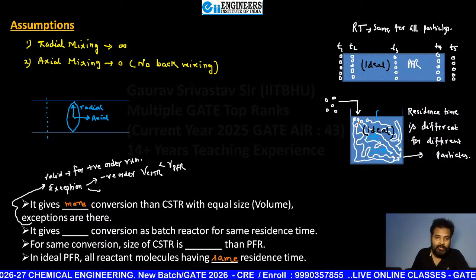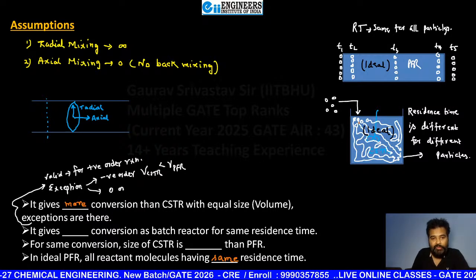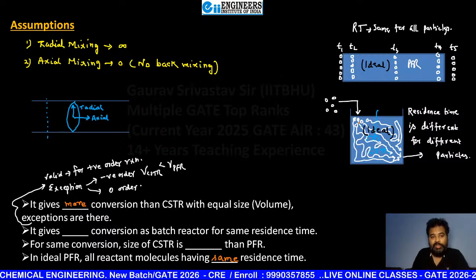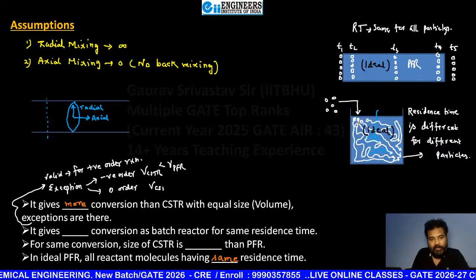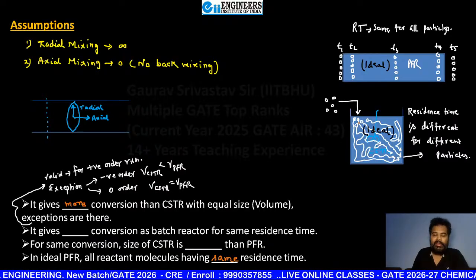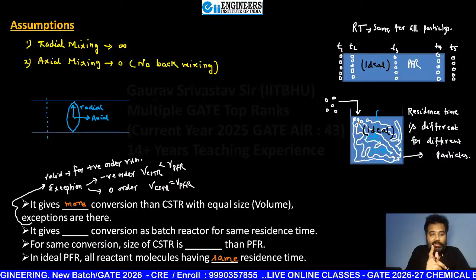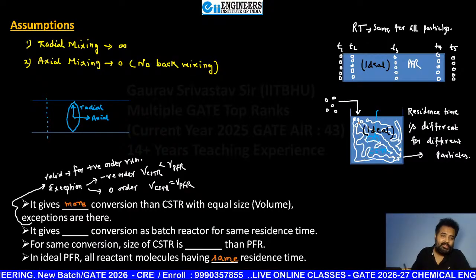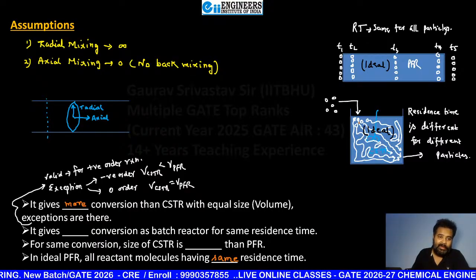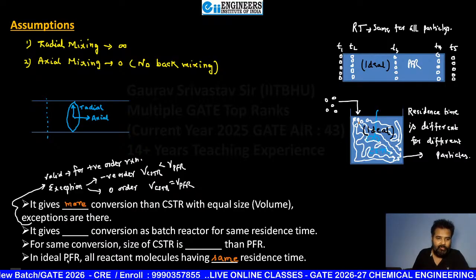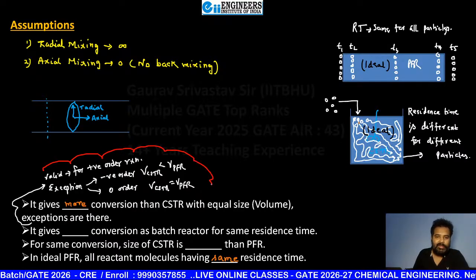The second exception, for zero order reaction. If zero order reaction is there, my dear students, in both CSTR and PFR the volume will remain same. So please write this validity and exception for this point number 1.